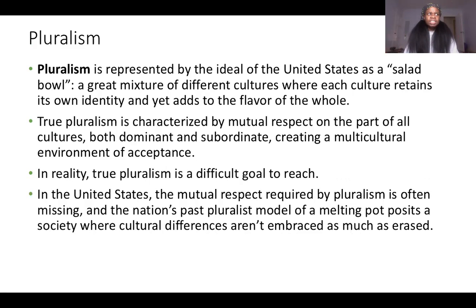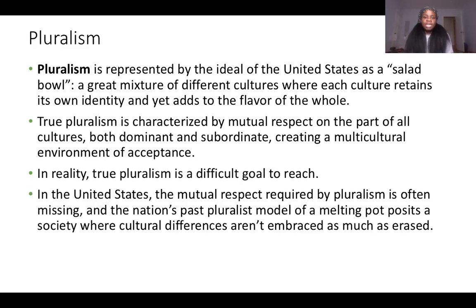Where I asked you, is the United States a melting pot or a salad bowl? And I think of a salad bowl differently than our book does. But it's represented by the ideal of the United States as a salad bowl, a great mixture of different cultures where each culture retains its own identity yet adds to the flavor of the whole.